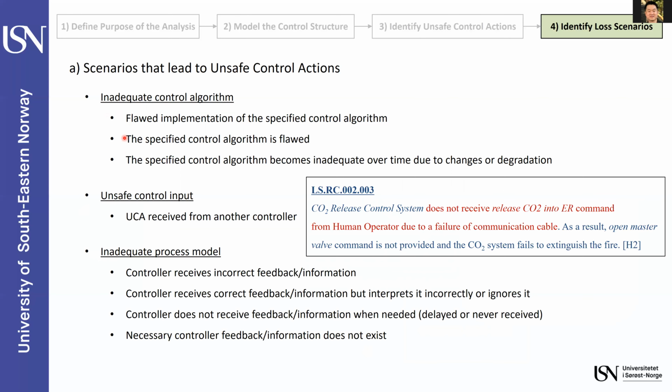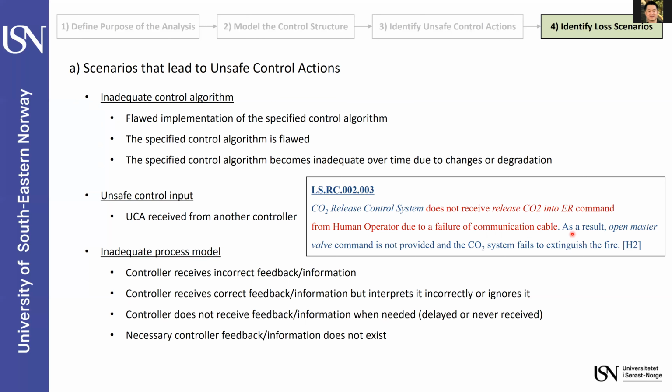So let me give you another example using this case: controller does not receive feedback or information when needed. Using this case, we can develop this loss scenario, like CO2 release control system does not release CO2 into engine room command from human operator due to a failure of a communication cable.